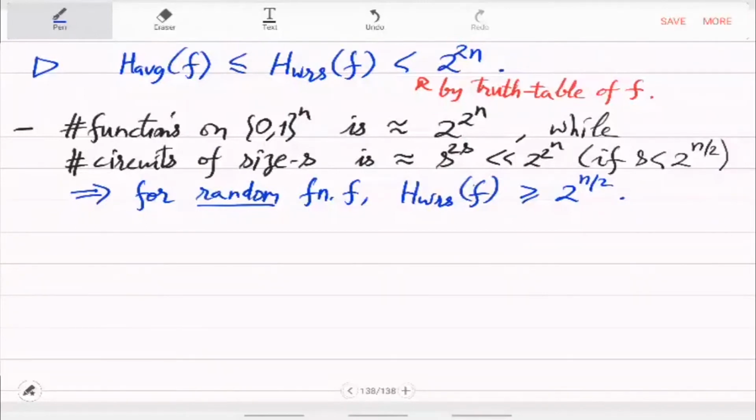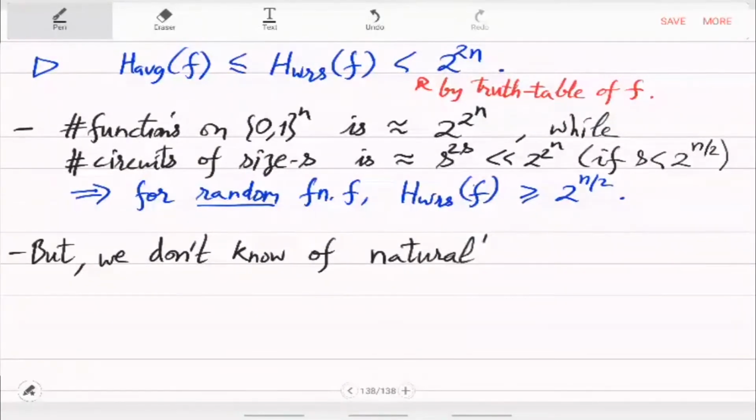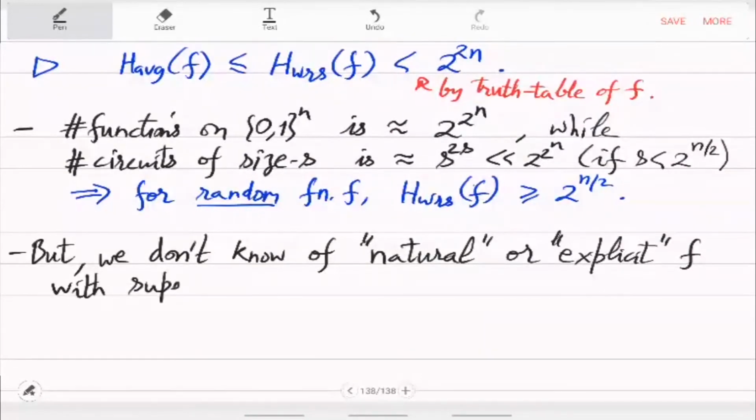So generally functions are supposed to be pretty hard in terms of Boolean circuits, but what we do not know is natural functions, or explicit F, with super polynomial hardness.